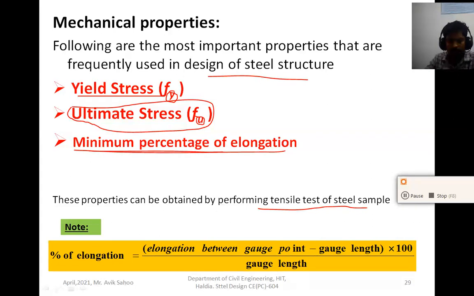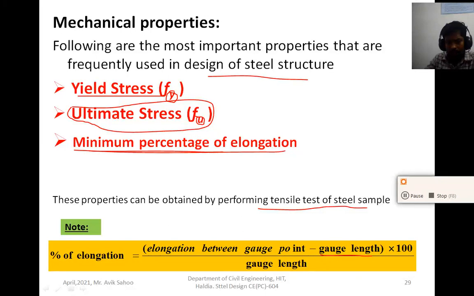This is defined as the elongation between the gauge points, the specimen length minus the gauge length, into 100 by gauge length. So this is the percentage of elongation, expressed in percentage.